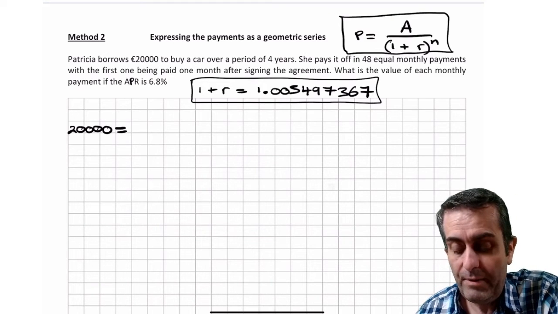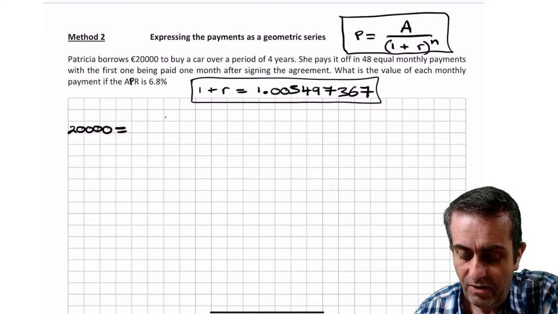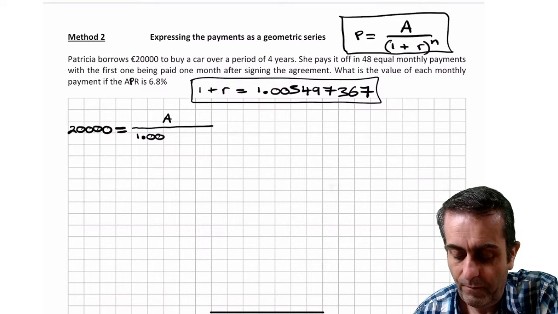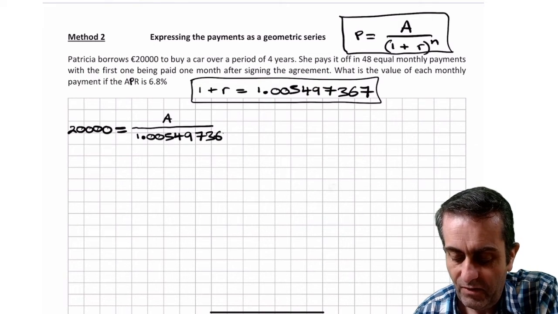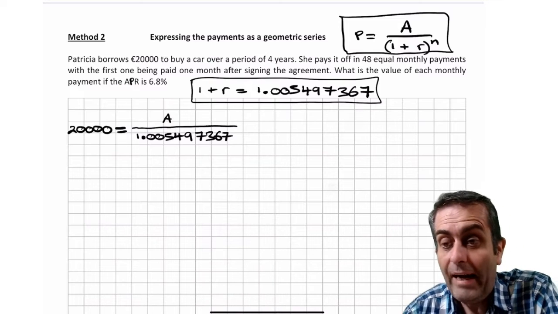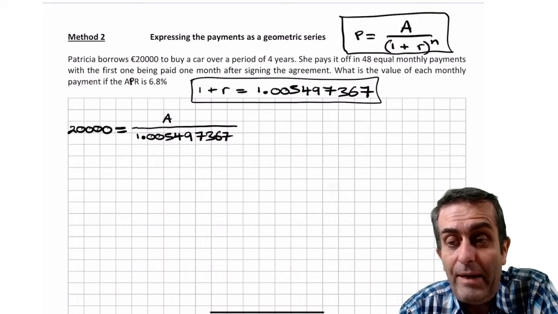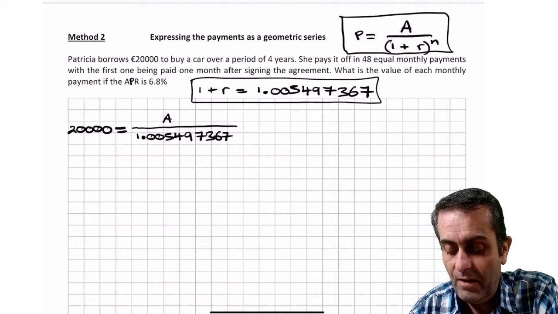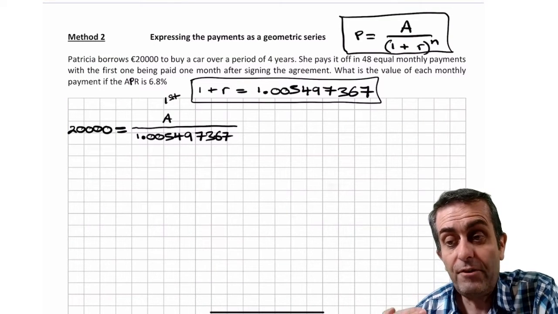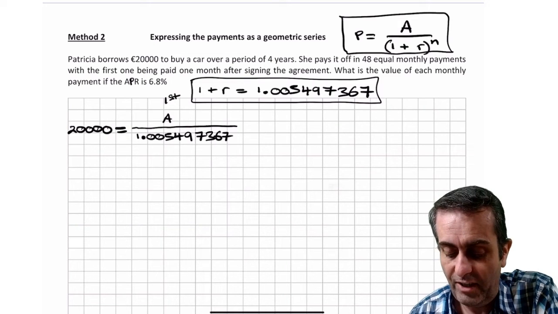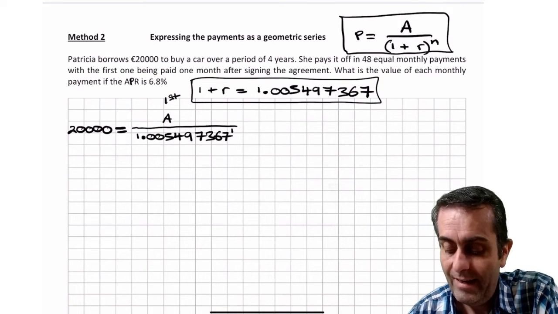Now, we don't know what our monthly payments are yet, so we're going to call it A. Now, I need to divide by 1.005497367 to the power of the amount of time that has passed since signing. Now, this is Patricia's first payment. And the first payment is made 1 month after signing, so this should be to the power of 1.